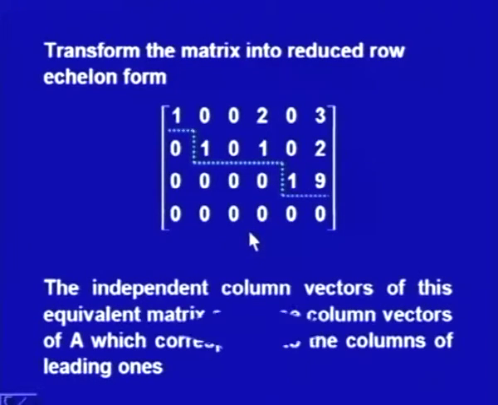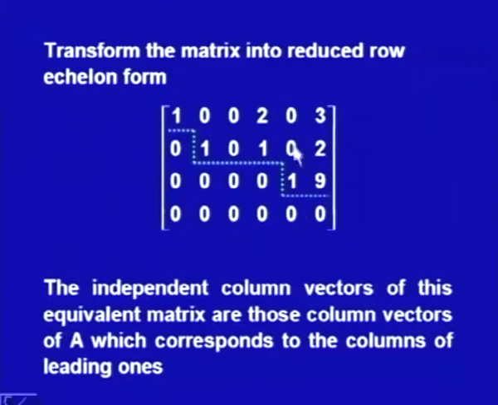Once we have obtained row echelon form, we try to find out the independent column vectors of this equivalent matrix. These are those column vectors of A which correspond to the columns of leading ones. That means, if this is the echelon form, then this column in which we have this leading one, and this column, and this column. So, these vectors are linearly independent, and all the other vectors are linear combinations.